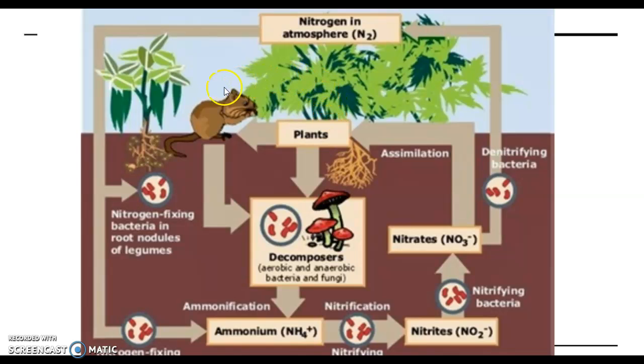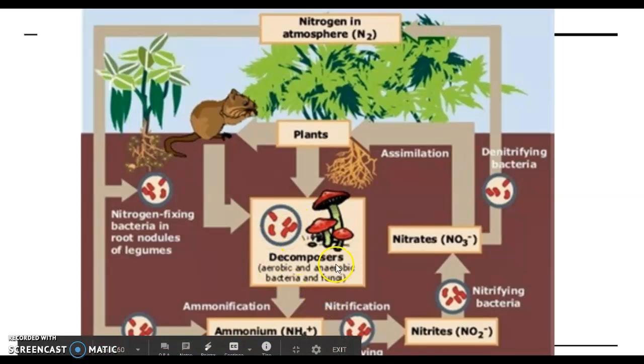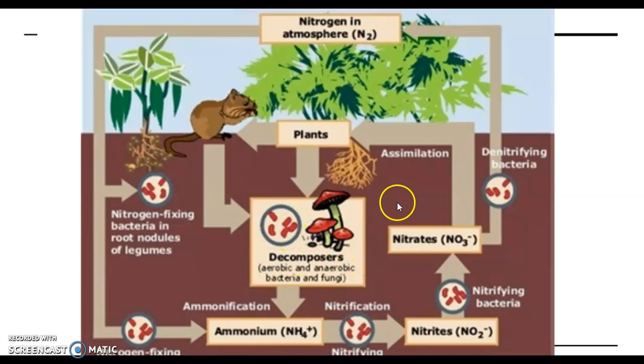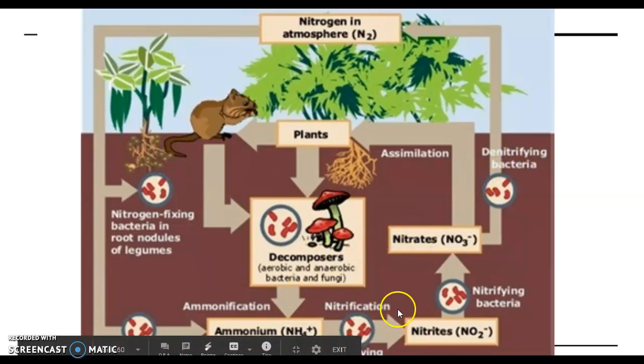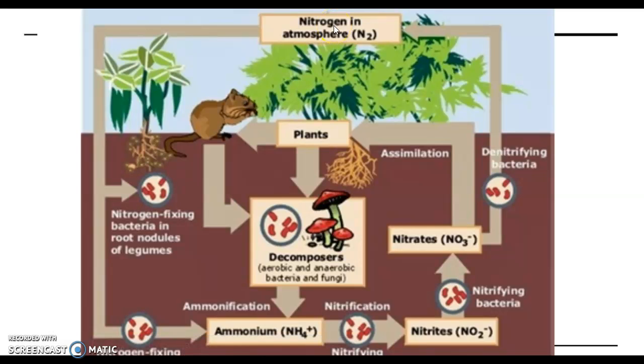And animals get nitrogen by eating the plant, and other carnivores will get their nitrogen by eating herbivores. And then when the plants die or when the animals die, decomposers will take that nitrogen and put it back in the soil, where denitrifying bacteria will take these nitrogen containing molecules and turn them back into atmospheric nitrogen or nitrogen gas.